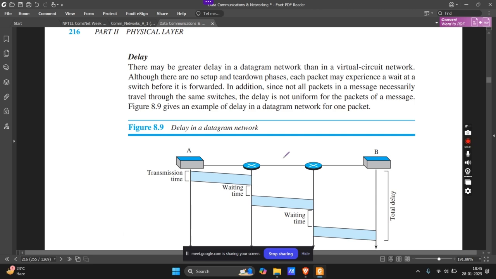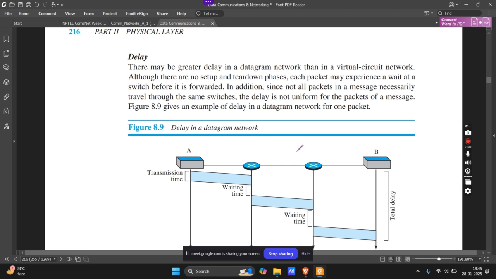If you are a VIP, like in circuit switching, you will never face any kind of delay. But when you are doing this kind of packet switching, everyone is treated equally. And what happens when everyone is treated equally? Lines. So here also there is a concept of queuing.